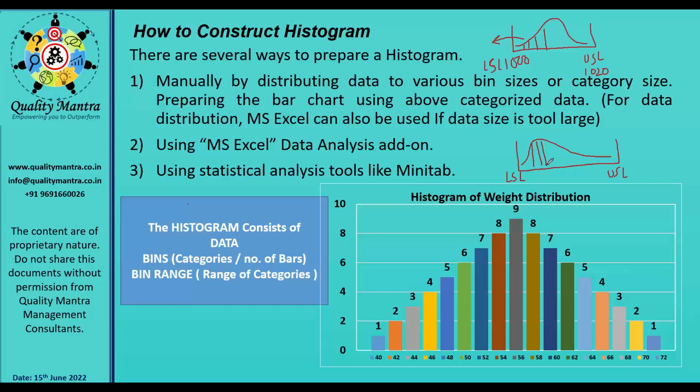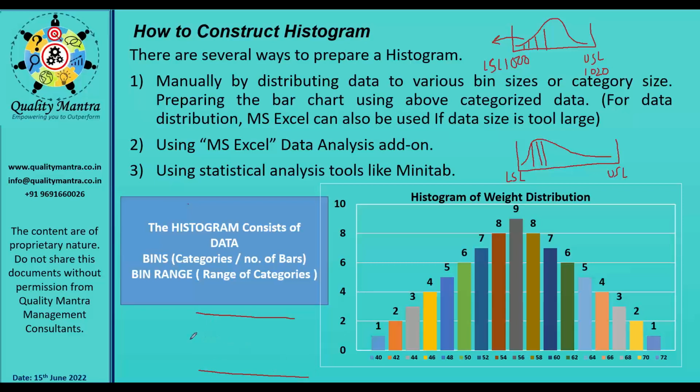Now you can check it against the control chart also. The major difference between the control chart and the histogram is what? The control charts are plotted against the control limits, whereas the histograms are plotted against the specification limits. So this data has come from where? From the regular data you have collected.